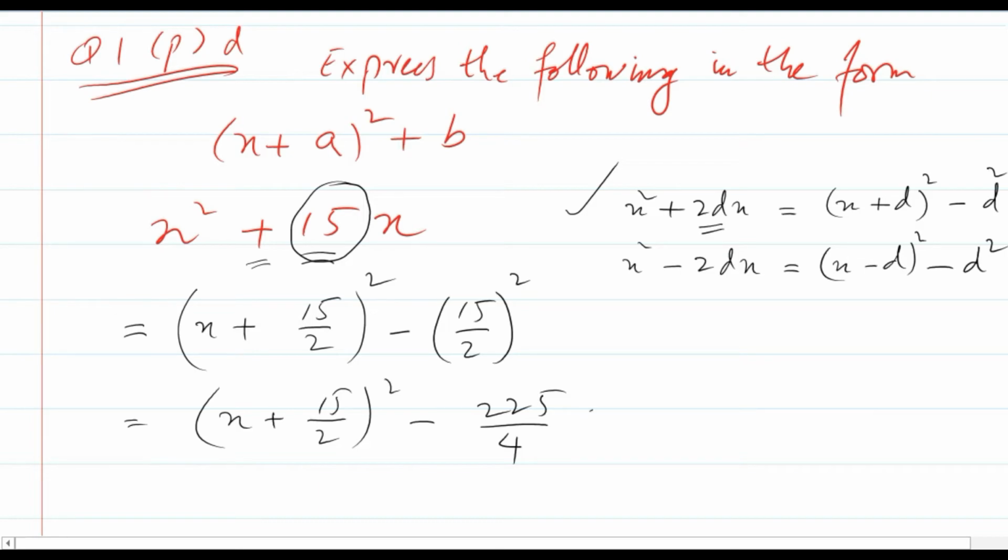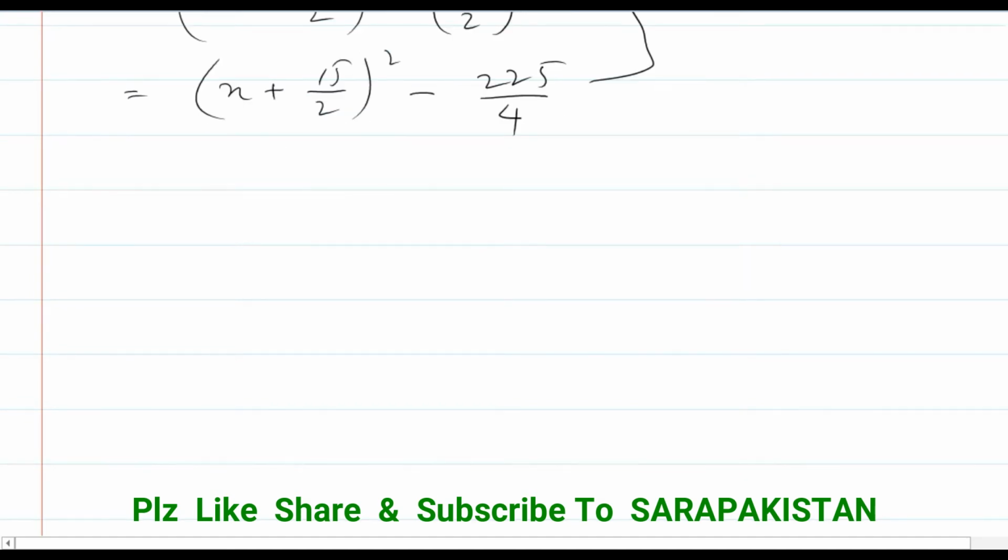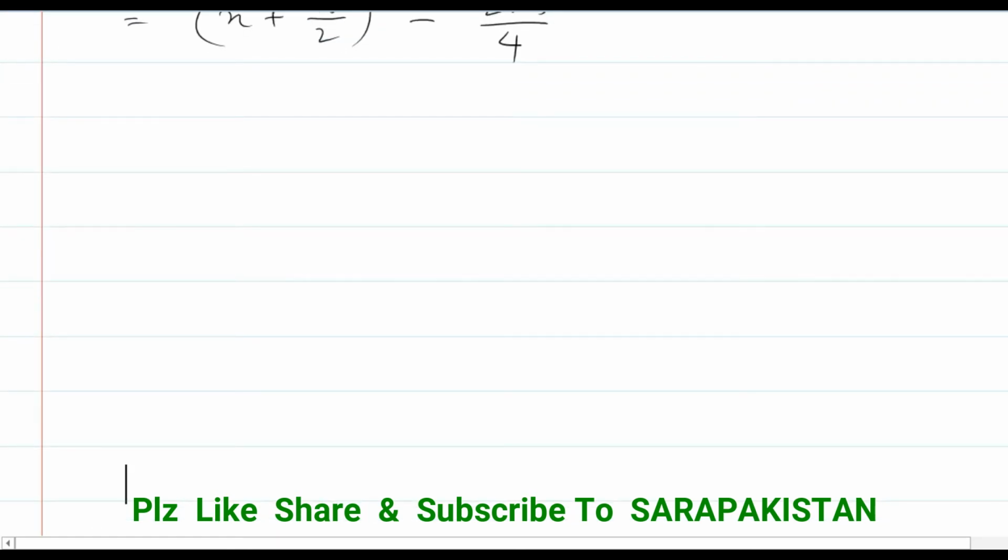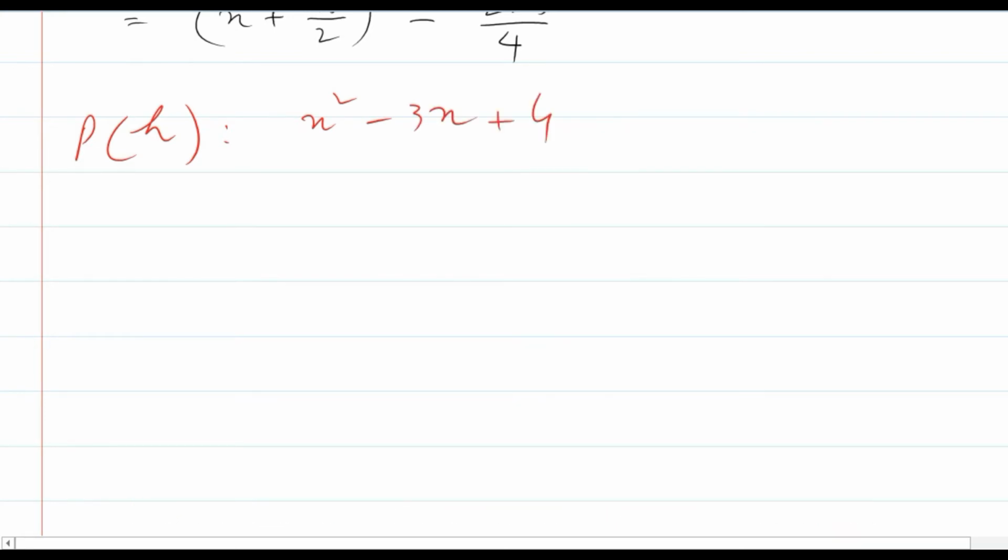If you compare this with this form, you will find that it is almost the same. Students, let's consider another example and we will solve part H. x square minus 3x plus 4. On looking at the question, you will come to know that you will use the formula with negative signs.